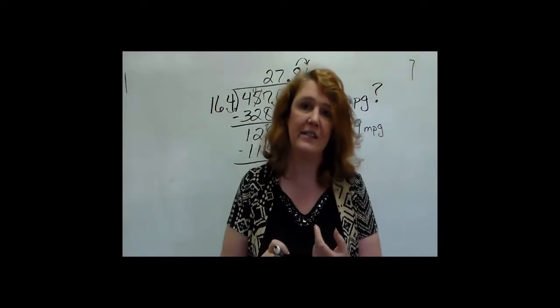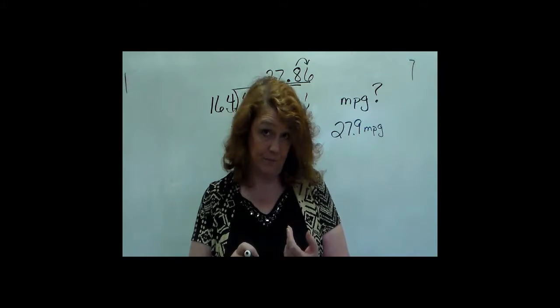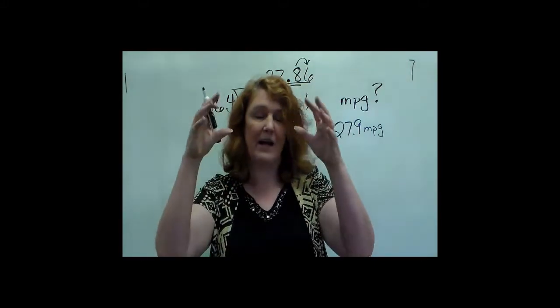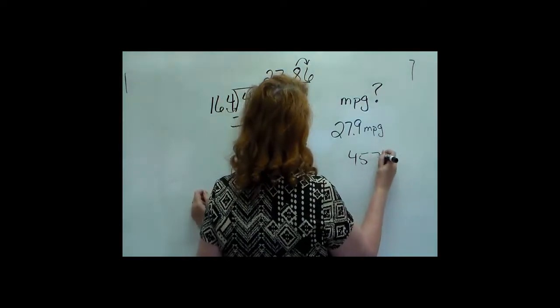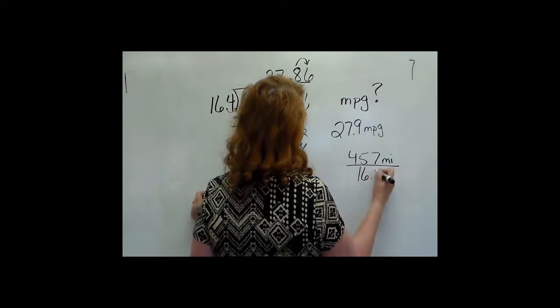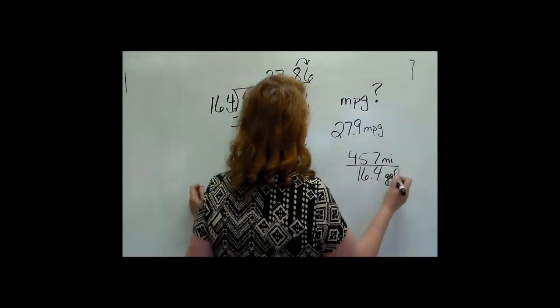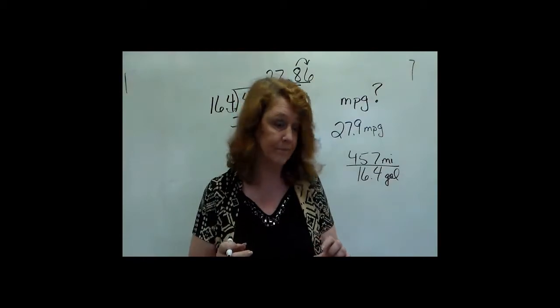So it's asking us to be able to set up a ratio, which means put miles per gallon so that you've got miles per gallon. Set the problem up correctly, just like it's worded.